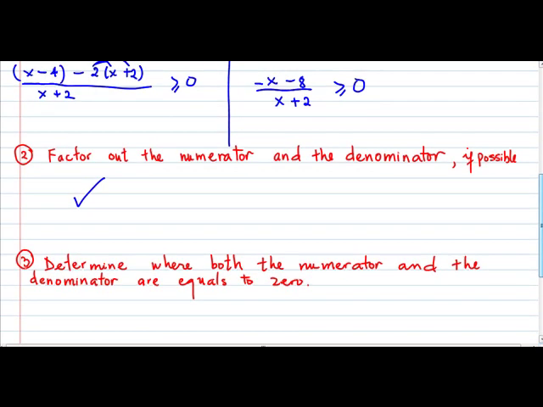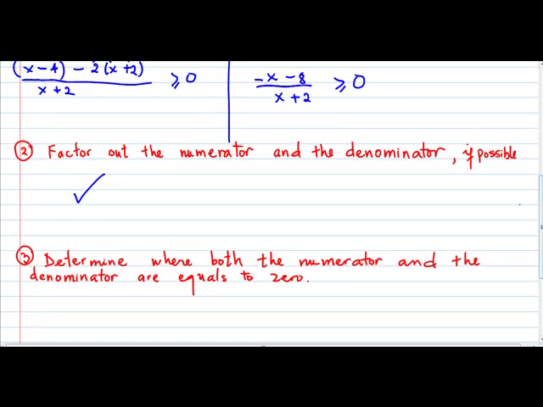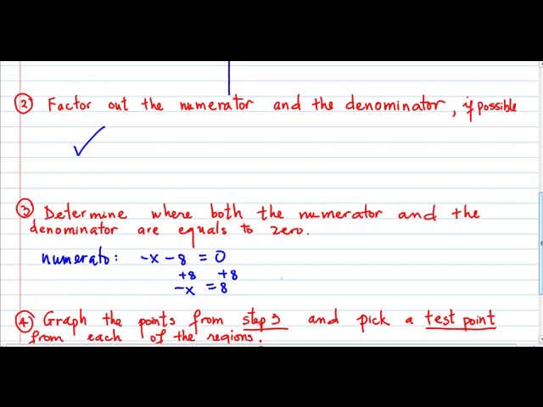Step 3: we want to find where the numerator is 0. We set the numerator equal to 0 and solve for x. We have minus x plus 8 equal to 0, so minus x equals minus 8, and multiplying both sides by minus 1, x equals 8? Correcting: x equals minus 8.